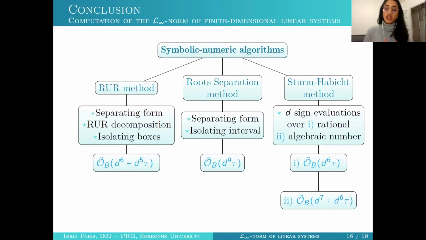Then the root separation method consists of a separating form, then isolating intervals, and its complexity is in D9 tau. And finally, the Sturm-Abie method, which does sign evaluations over either rational numbers or algebraic numbers, and in this way we obtain either the complexity D6 tau or the complexity D7 plus D6 tau.